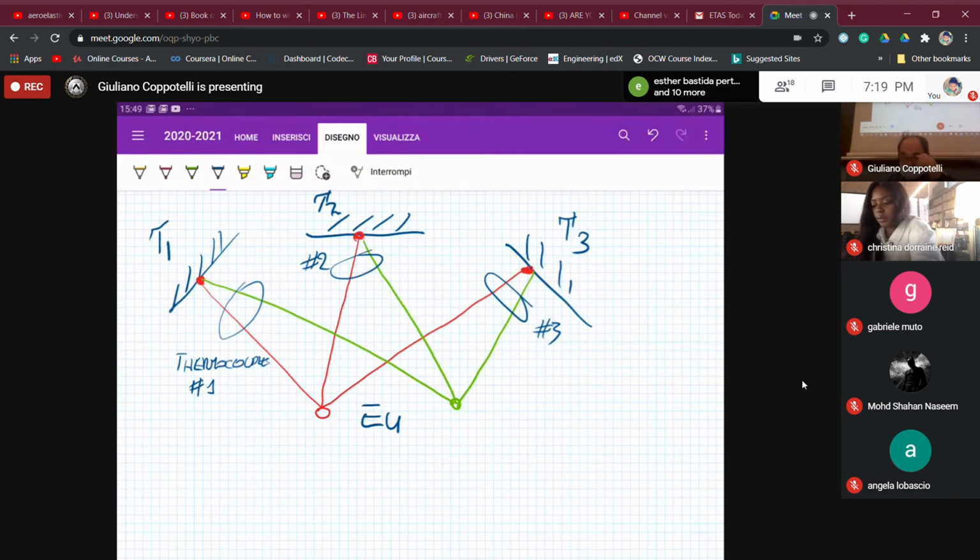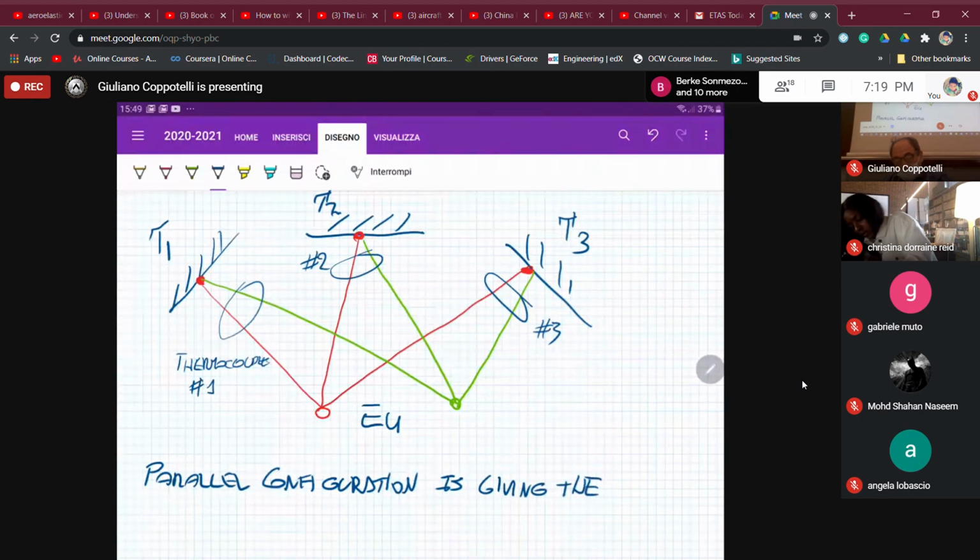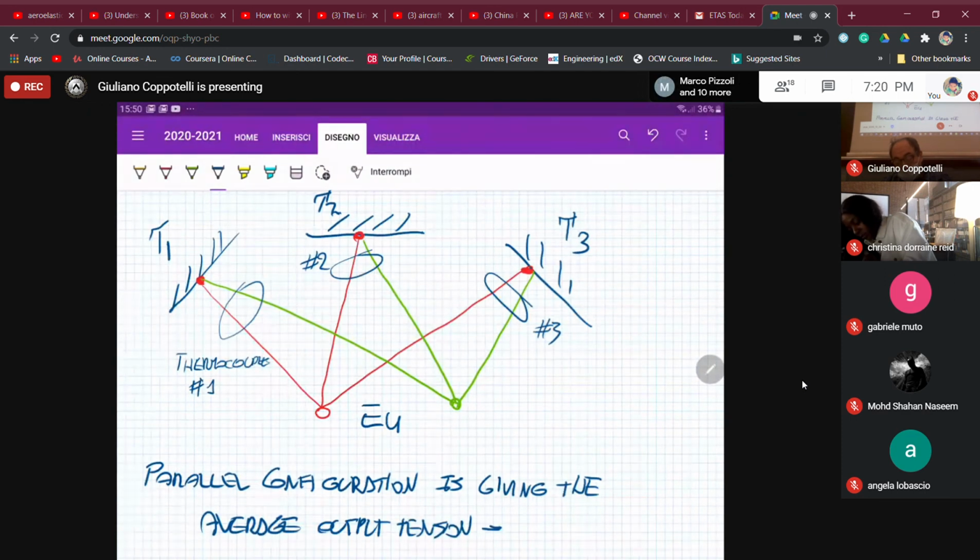So the parallel configuration gives the average of tension, that is, the average temperature.